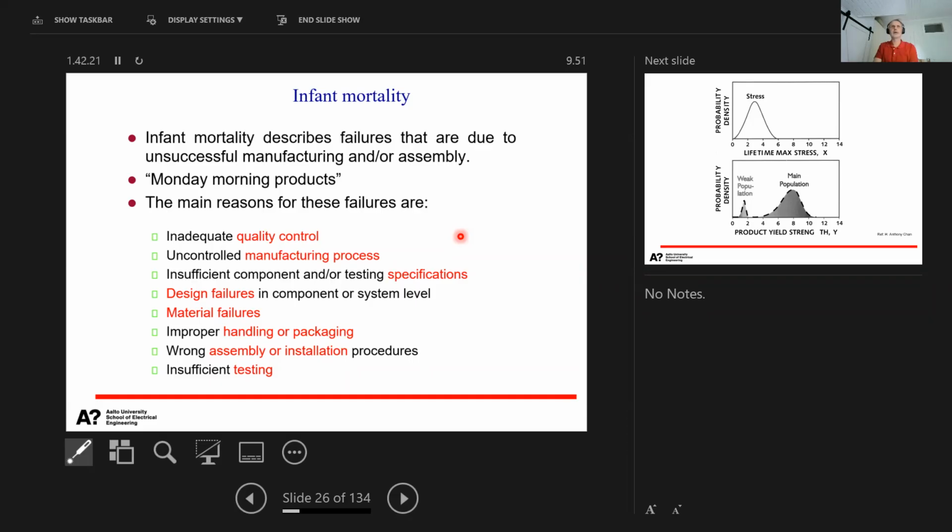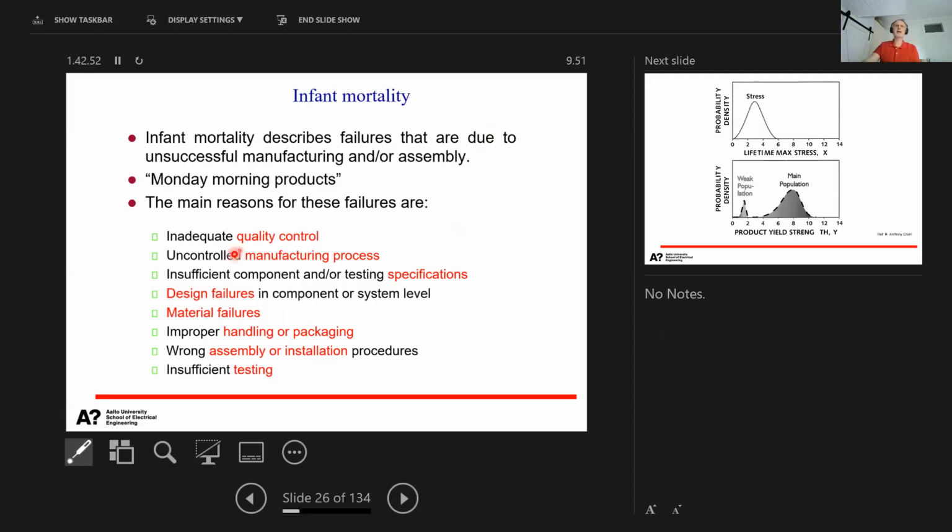During the testing, you go outside the specifications. You have some design or material failures. You have some improper handling or packaging, meaning that you put your thumb somewhere and there's salt and grease, and then during the transportation you get some humidity, and then your contact surfaces start to corrode or whatever.